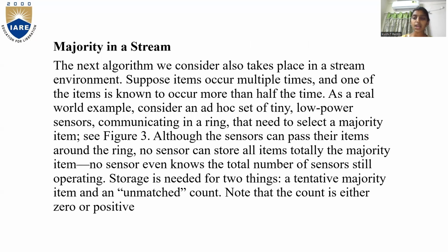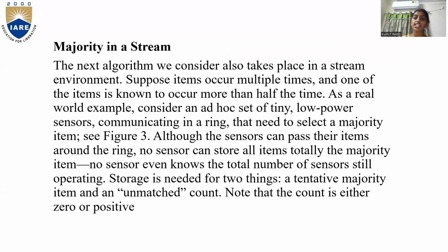So coming to the next example of an algorithm, that is majority in a stream. The next algorithm we consider also takes place in a stream environment. Suppose items occur multiple times and one of the items is known to occur more than half the time. As a real world example, consider an ad hoc set of tiny low power sensors communicating in a ring that need to select a majority of items.